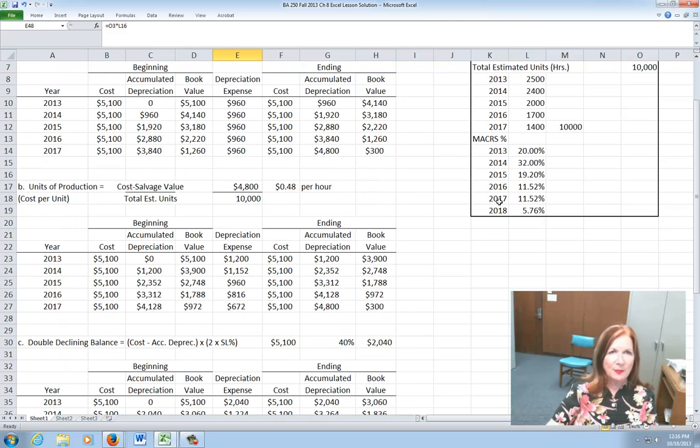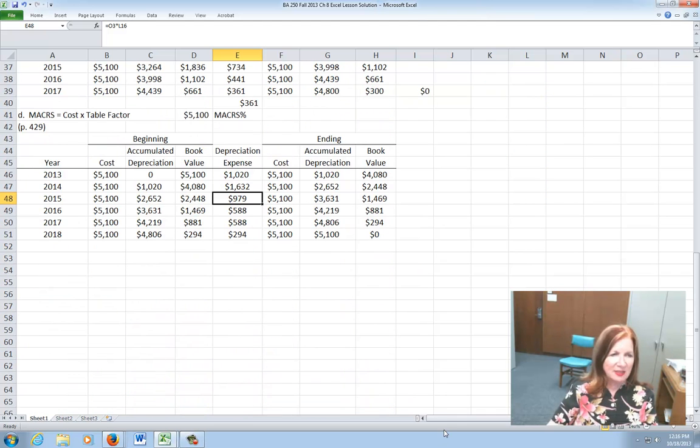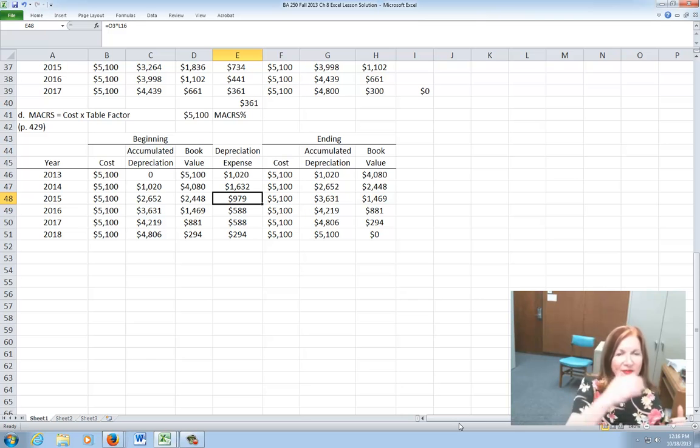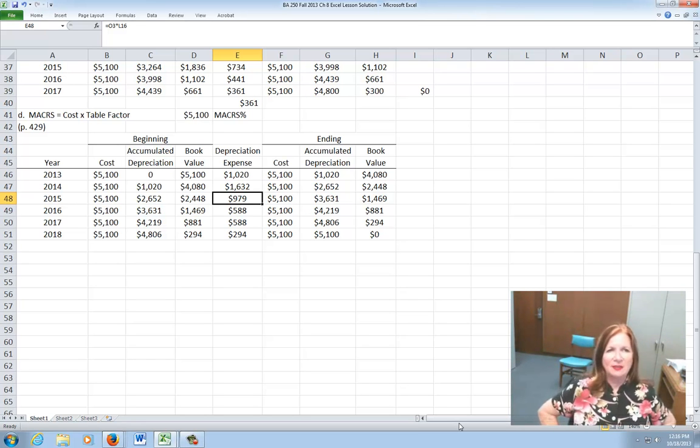So it's going to be 2015 and 16 and 17 and 18. Now remember, since you take half in the year of acquisition, you're going to have to do half of what's left in the year of disposal. So we're going to have to push this into 18 because MACRS does half one year and half the other year, so you have an extra year there. So you can begin to see that we just continue to work this through.